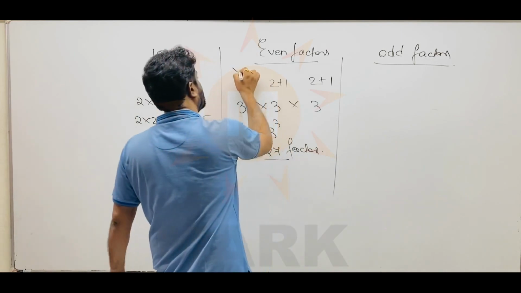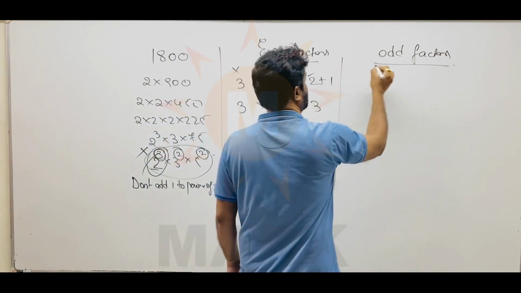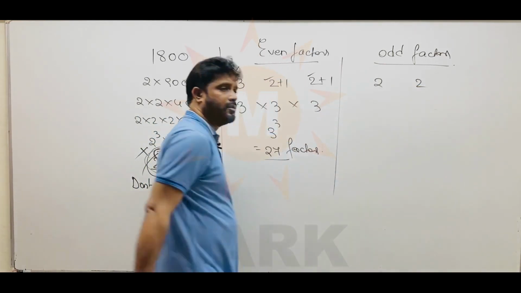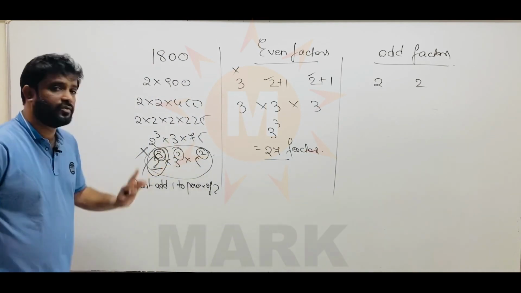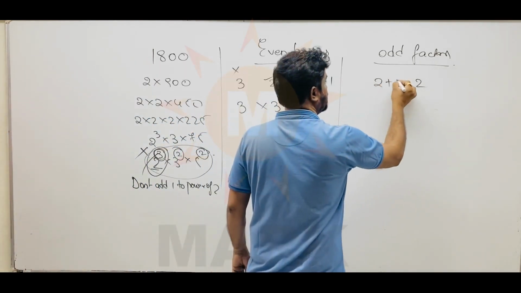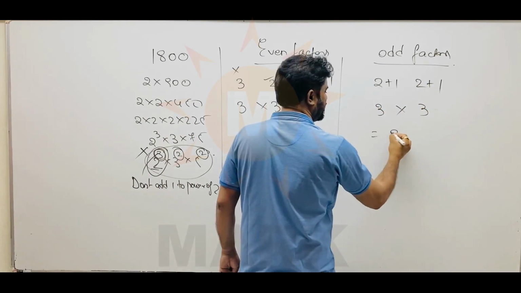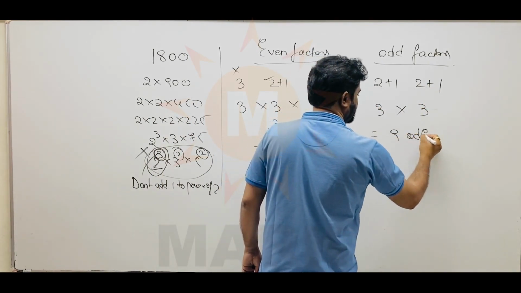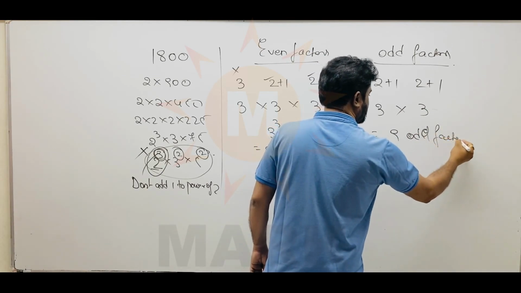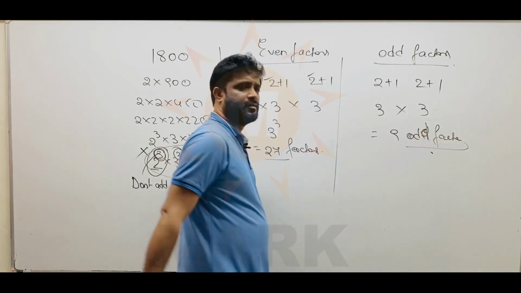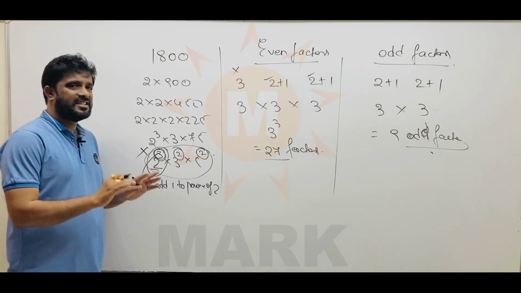That means we don't take this entire section, only this one and this one. And we add 1 to it. This is 3, this is 3. 3 into 3, 9 odd factors are there. Okay, this is the easiest way.